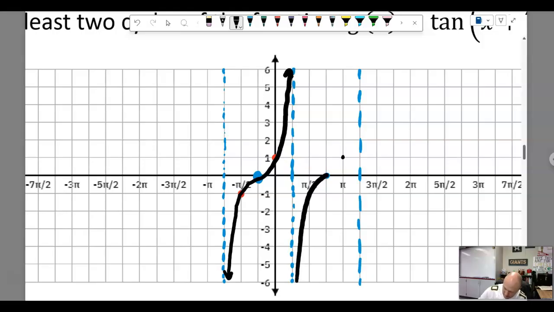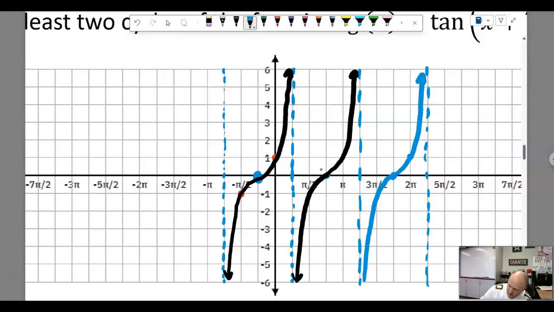And so I have another graph this way. And I could complete this again. Go another 1, 2, 3, 4. Okay. And then these asymptotes will repeat. So they are cyclical. They are periodic. You are going to repeat this over and over and over again, all the way left and right.